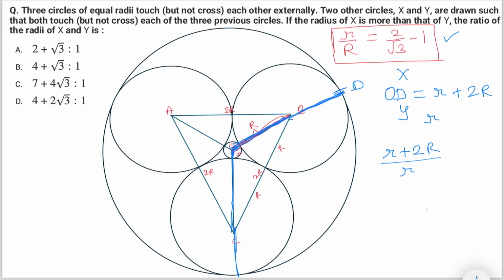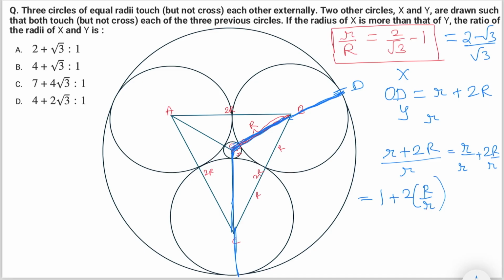Just separate the denominator. We are going to get r upon r plus twice of capital R upon small r. This will be 1 plus twice of capital R upon small r. Now we had already found small r upon capital R as 2 by root 3 minus 1. This I can simplify as 2 minus root 3 upon 3.